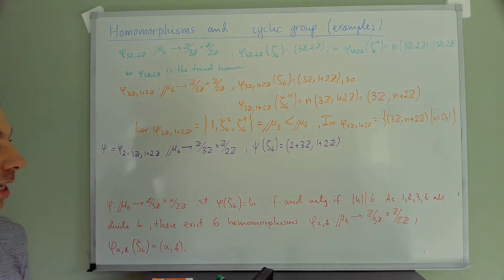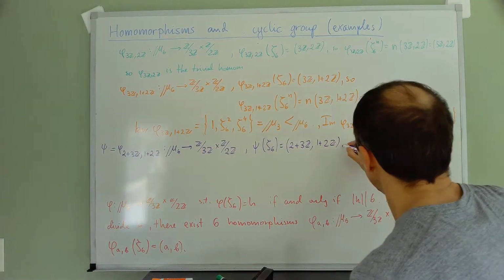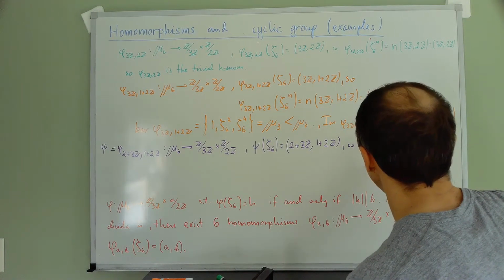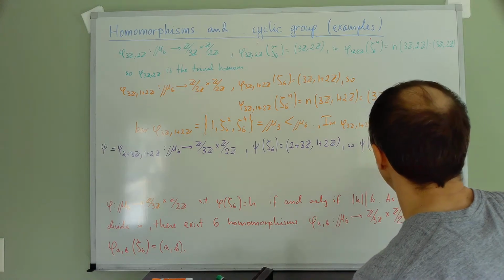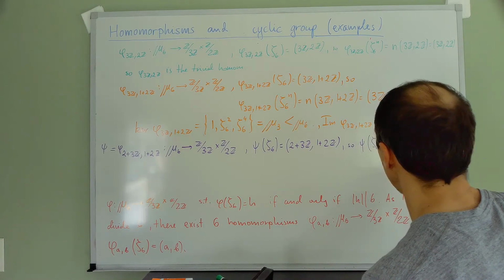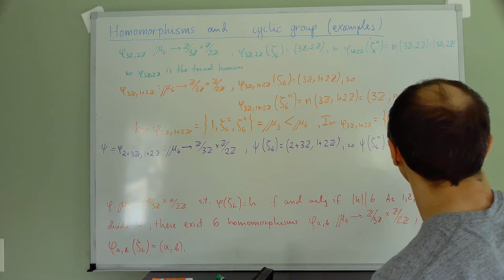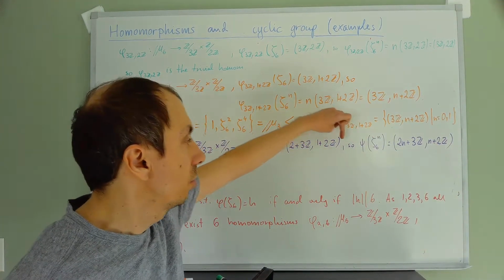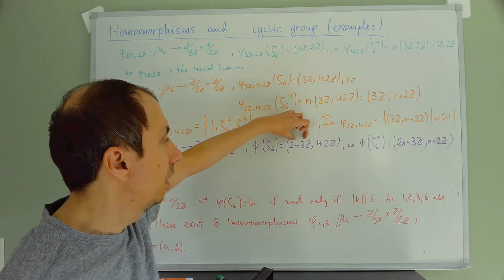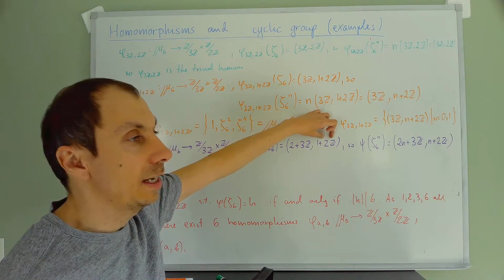All right, let's then compute. We can, of course, compute the general formula. So psi of zeta 6 to the n is 2n plus 3z, n plus 2z. Right, because the n comes out, so it's just this added to itself n times and this added to itself n times.